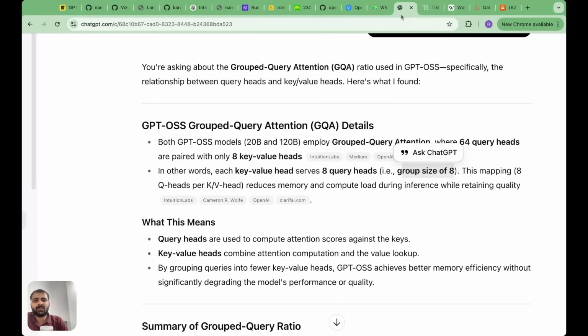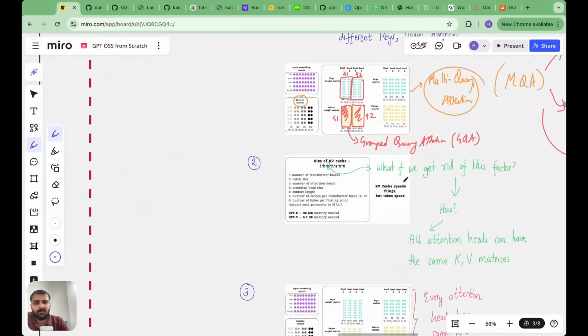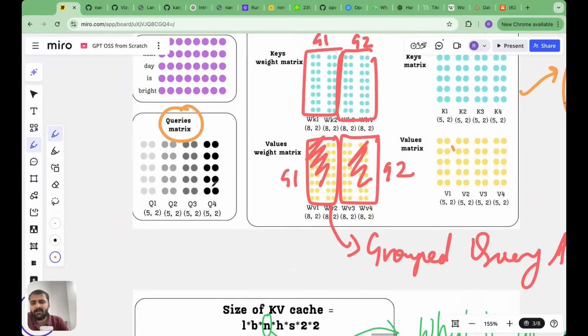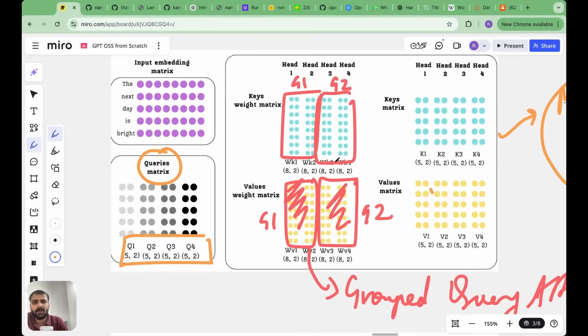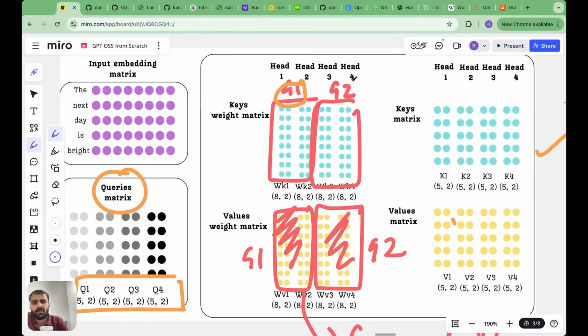So the way it's mentioned in practice is that 64 query heads. As I mentioned to you, nothing changes for the query, because even here the queries had 4 heads, that is fine. Head 1, head 2, head 3 and head 4. But now the keys and the values effectively have only 2 heads, because we have formed 2 groups over here.